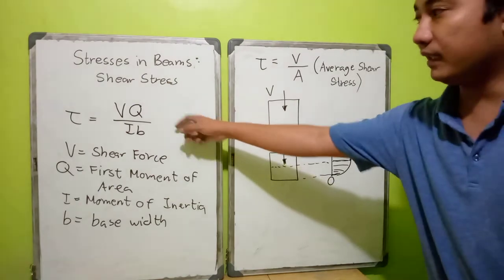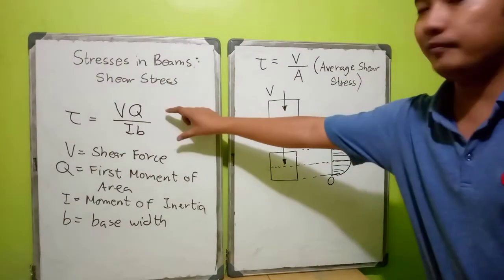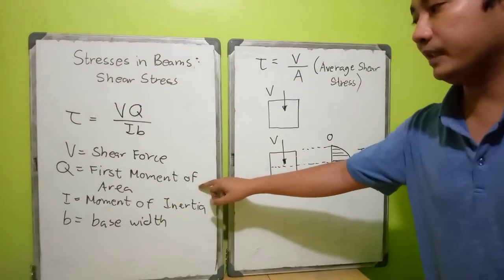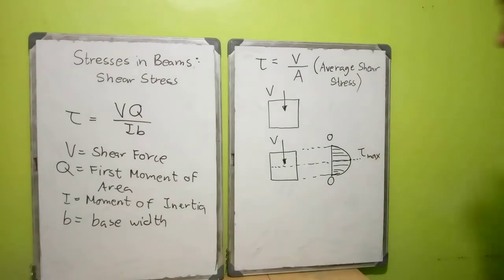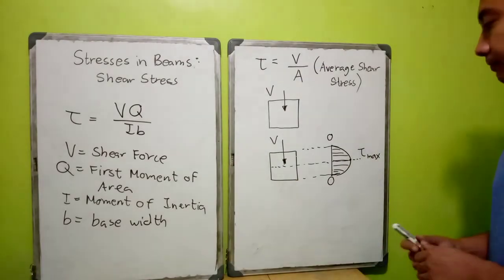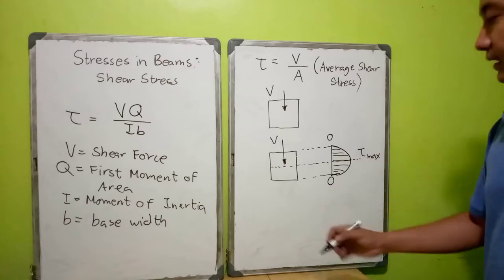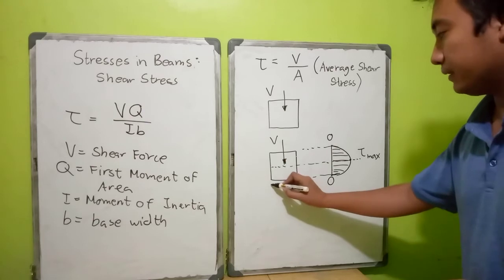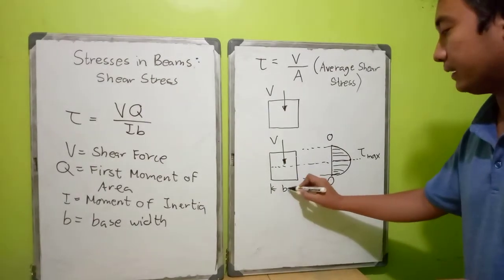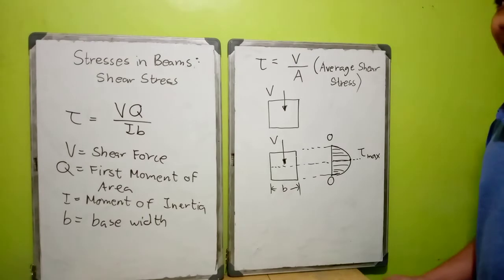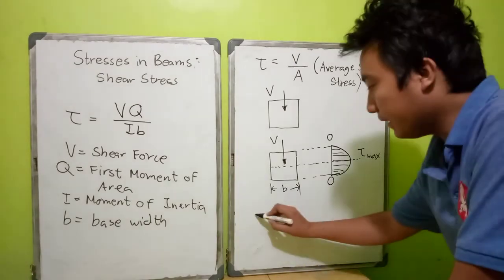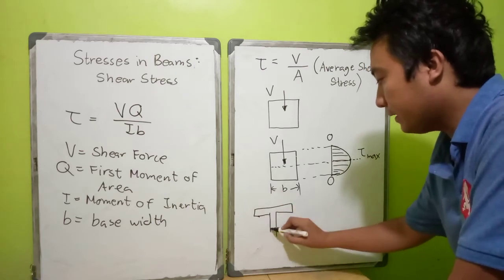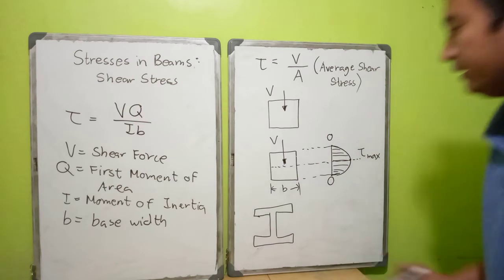So let us now discuss how we apply this formula. What is the first moment of area and what is the base width? In this case, since it is rectangular in cross section, it has a base width of constant b. But not all the time is the base width constant. For example, we have an I-beam.